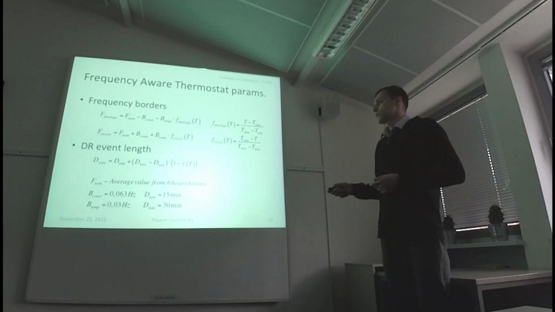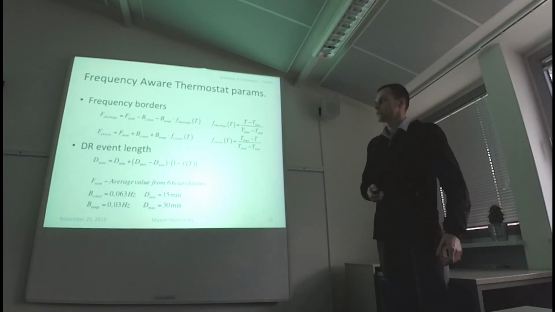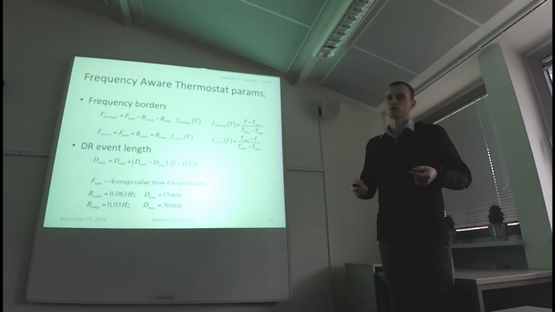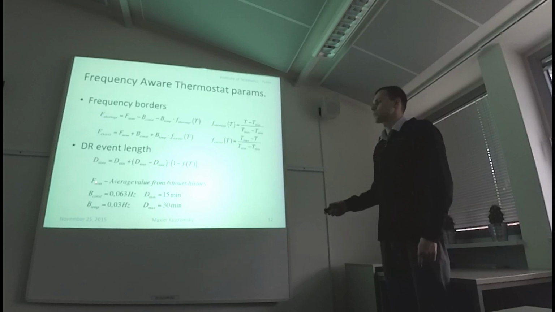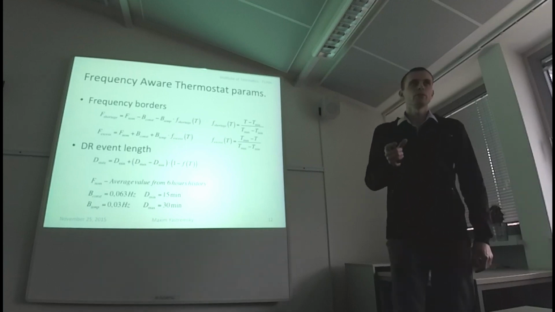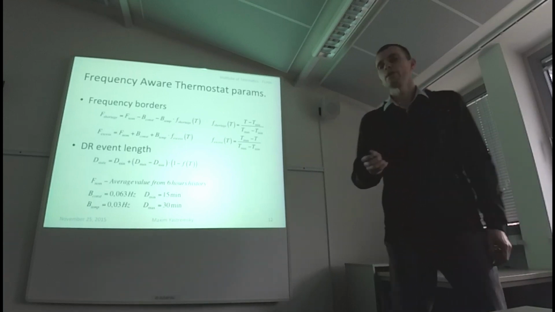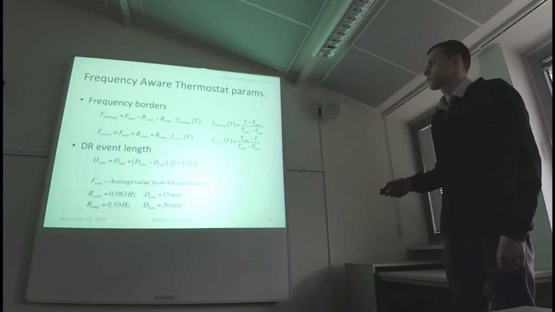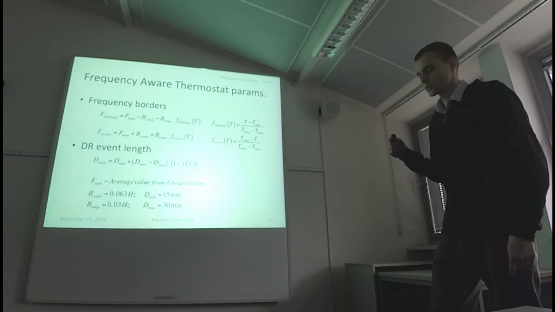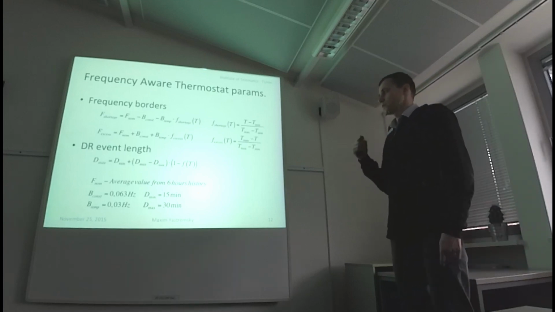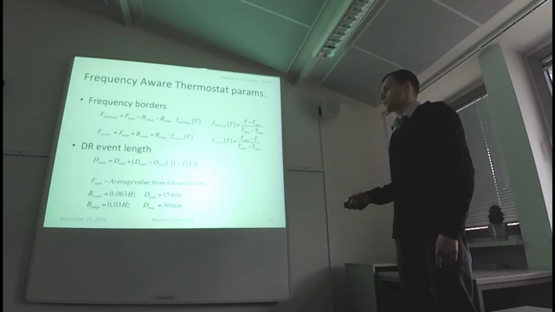The duration of the demand response state is also dependent on the temperature. That makes additional dispersion of the demand response events. So in order to overcome the inaccuracy of the power switch, instead of the nominal frequency value of 50 Hertz, we used the average value from a 6-hour history. At least this history value was stable.